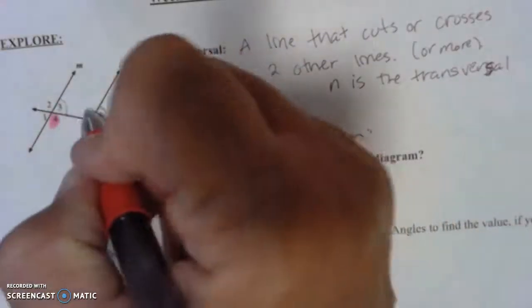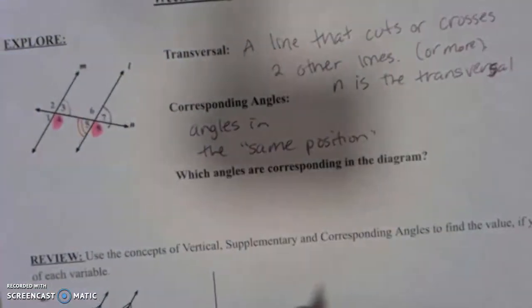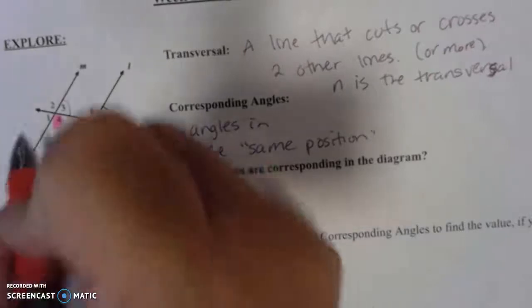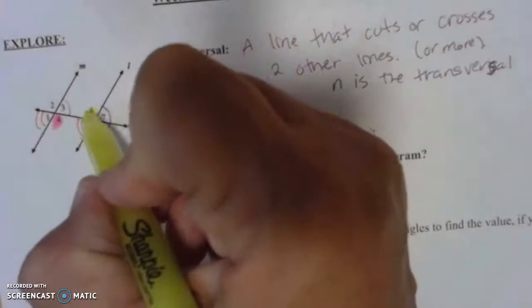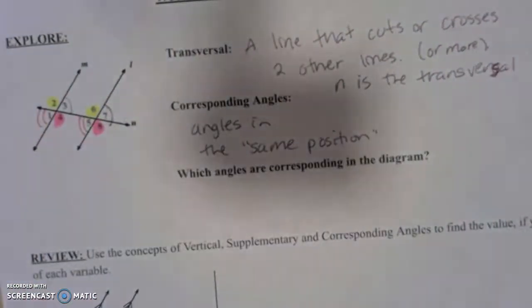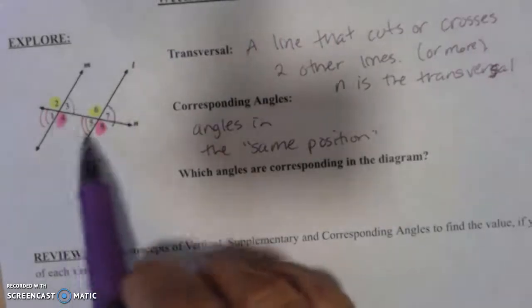All right, let's look at 5. What angle is in the same position as 5? This one right here, and that means that 6 and 2 are also in the same position. Okay, so the corresponding angles are in the same position, and we already did it visually here.